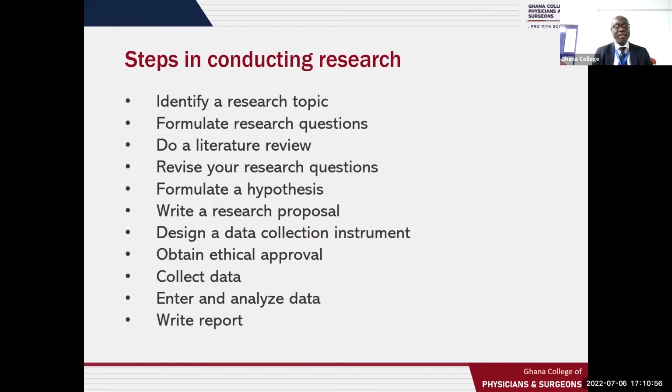And after this first set of research questions, I'll call them the zero draft of research questions, a person can do a detailed literature review. And based on the information gained from the literature review, these research questions can then be revised and got to the form that will be used for the research.